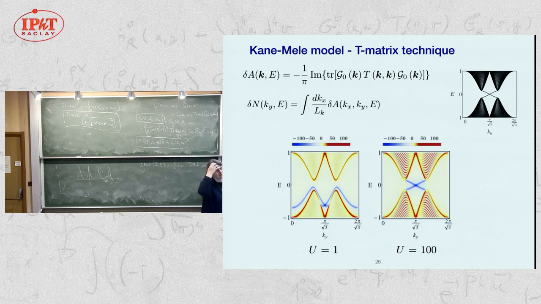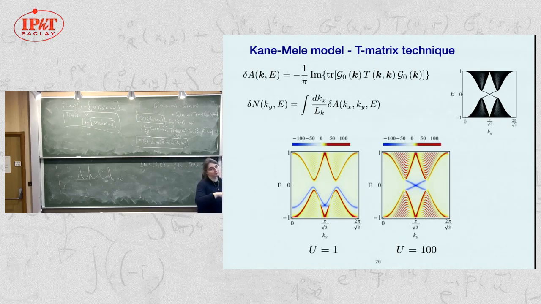What is the meaning of the sign of this spectral function? It's a correction, because I don't put the spectral function of the bulk here. This is just a correction due to the impurity. So you can think about the sign as in some regions I have more states than in the bulk, and in some regions I have less states than in the bulk.